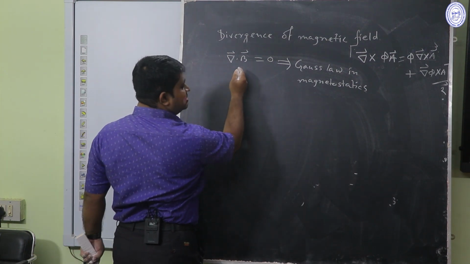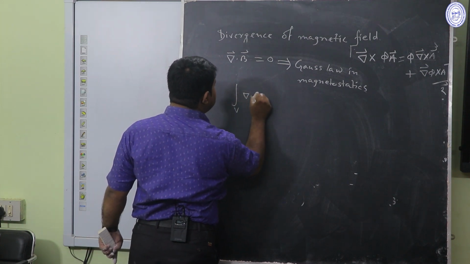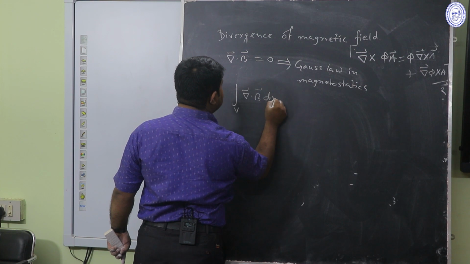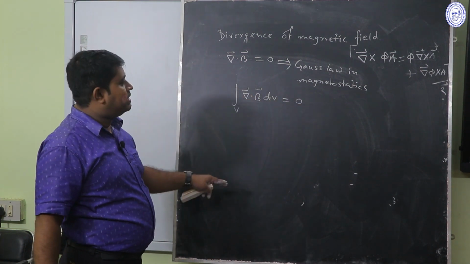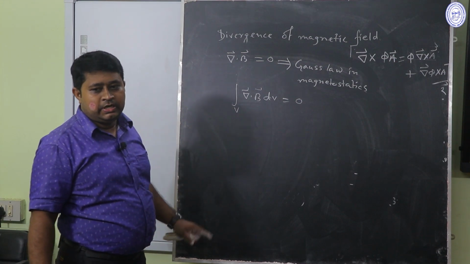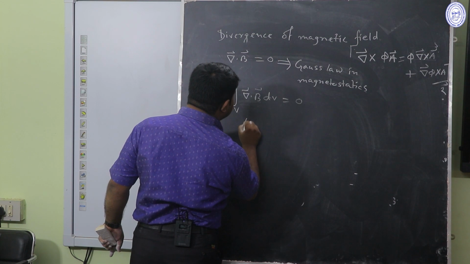Taking the volume integration on both sides, integral of divergence of B dV is equal to 0, and the volume integration can be converted into surface integration by Gauss divergence theorem.